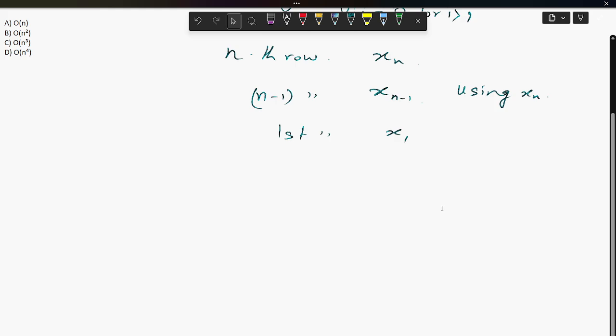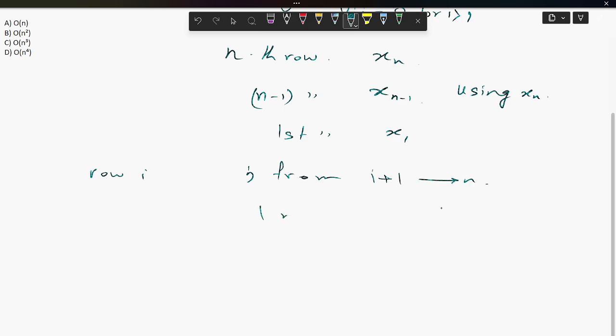So now the operations count for each row i from n down to 1: a division to normalize the pivot if necessary, and substitutions for each j from i plus 1 to n.